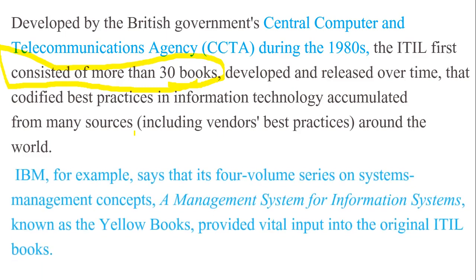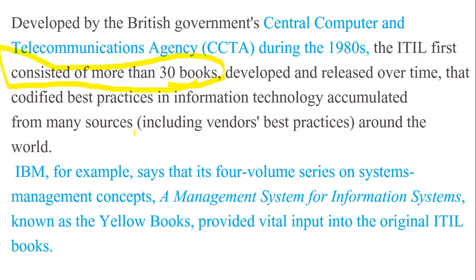And for example, I spoke about the 30 books. So IBM followed it, and as per IBM, they found a 4-volume series on system management concepts. So there is a concept in this, a management system for information systems, known as the Yellow Book.